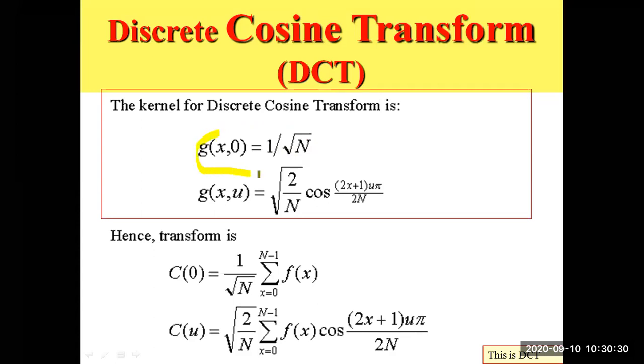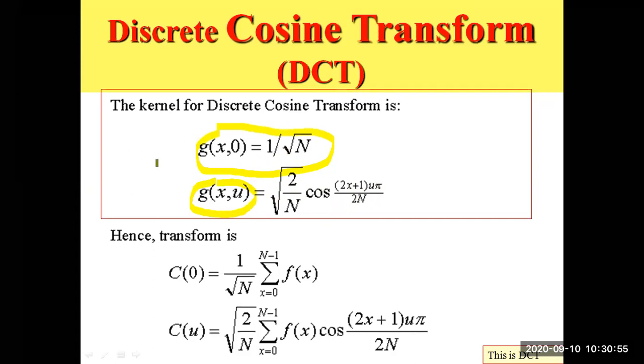This is for one dimension: g of x comma 0 equals 1 by square root of n. For u, g of x comma u equals square root of 2 by n into cos of (2x plus 1) u pi divided by 2n. Here x is the coordinate, u is the output coordinate, and n is the number of sample points.